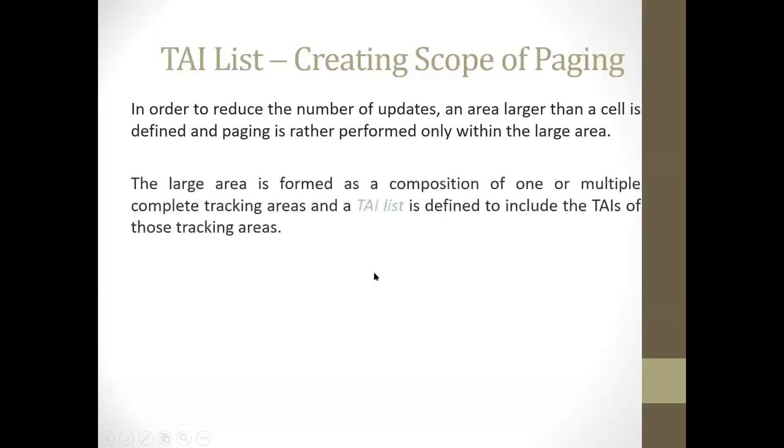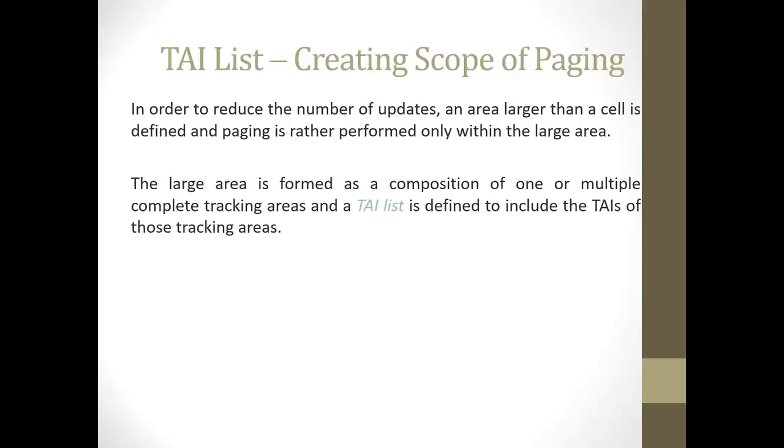Now, in 4G, a TAI list is created which includes a number of TAIs. So a number of tracking areas are grouped, another level of grouping.